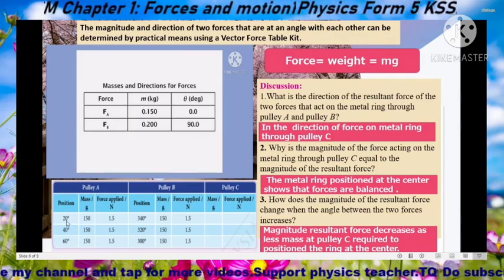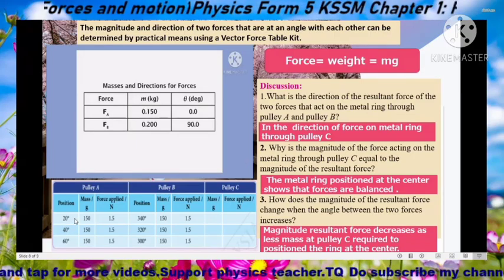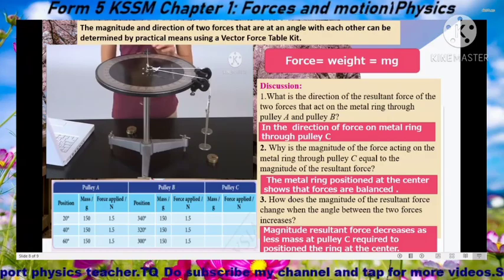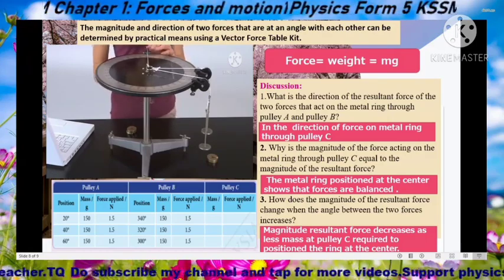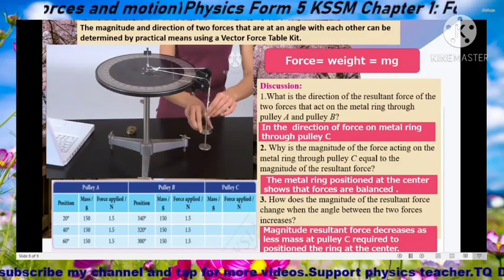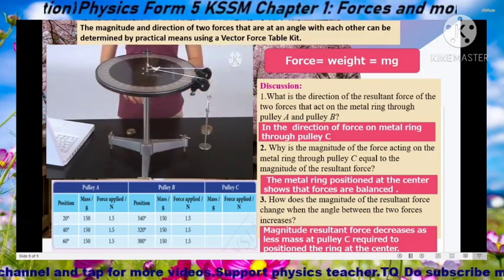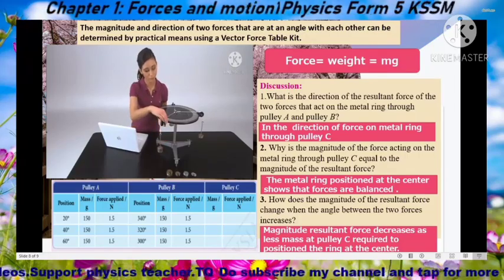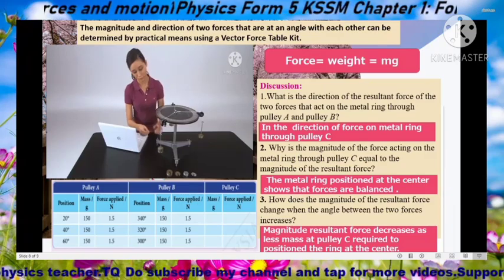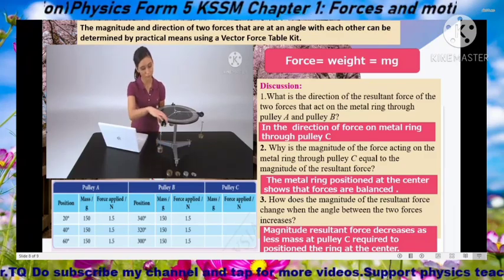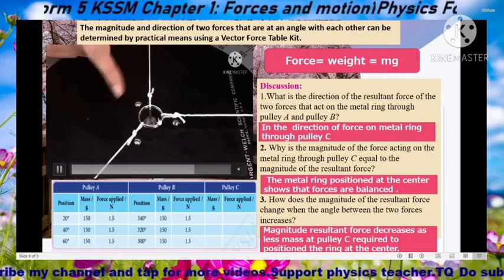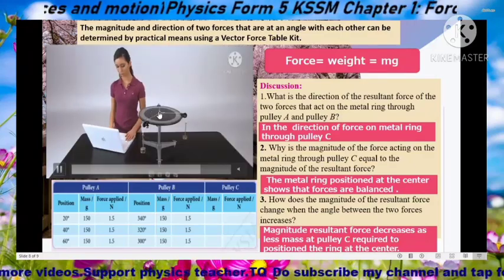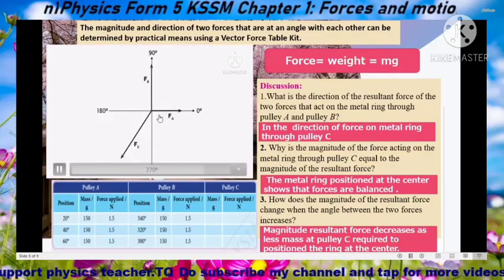You can use the table here as reference for the values of mass A and B. Then you need to adjust pulley C so that pulley C will balance A and B. How to make it balance? You can check the ring here. The ring must be at the center, not touching the cylinder at the center. Once the ring is balanced, it means the forces are balanced.